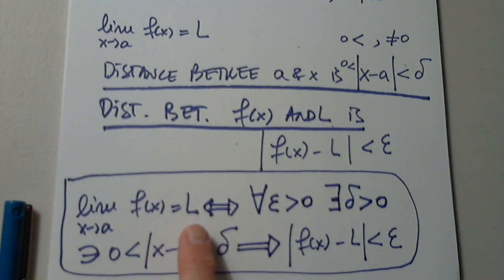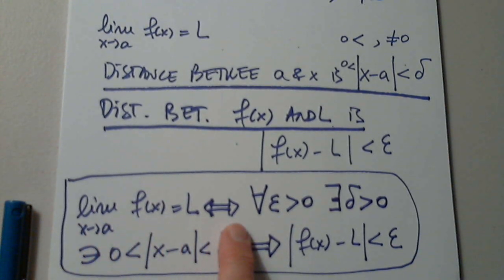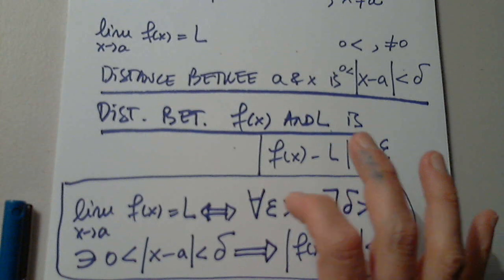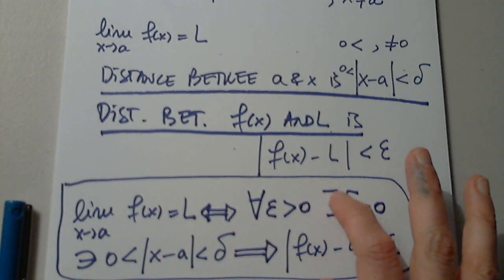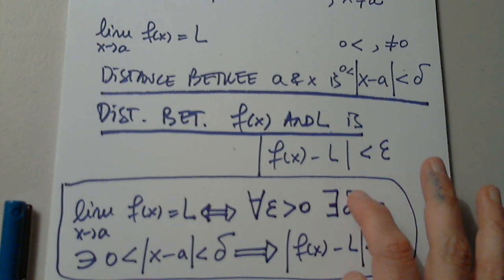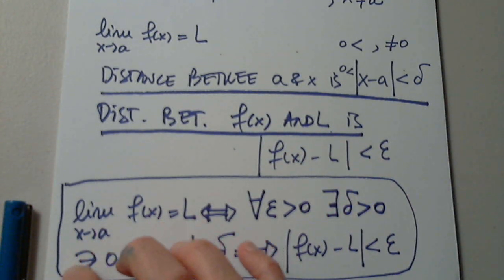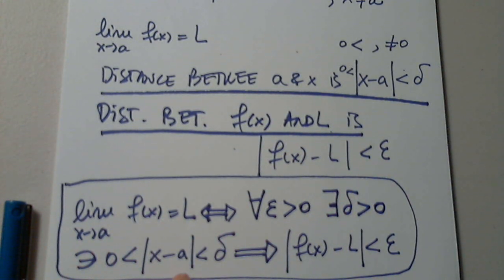The limit of f of x as x approaches a is L is equivalent to saying for every epsilon positive, I will find a delta positive such that when I pick x close to a, not equal to, so the distance is less than delta, this will guarantee that the distance between f of this x and this limit, L, will be less than epsilon.